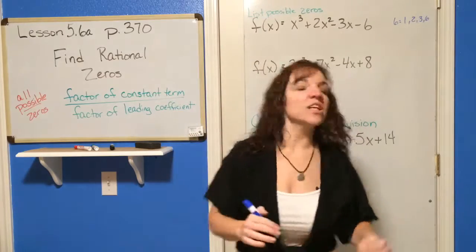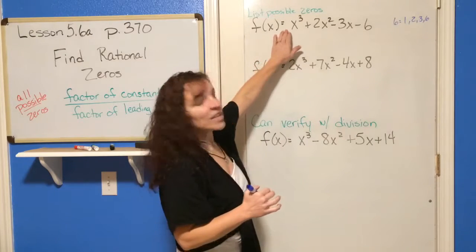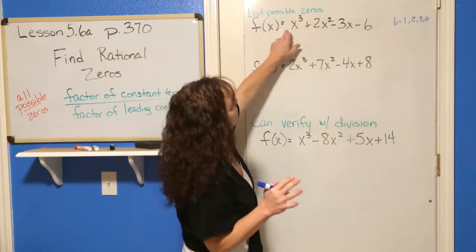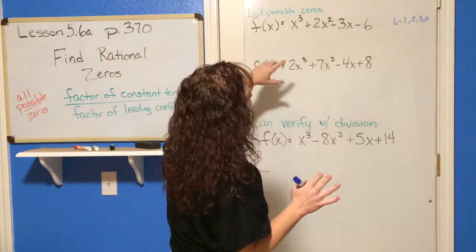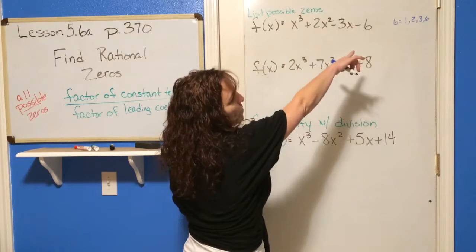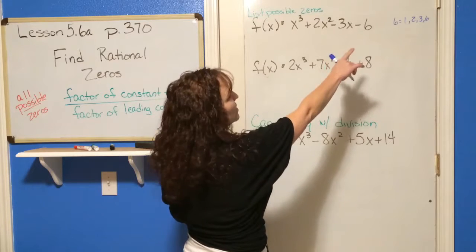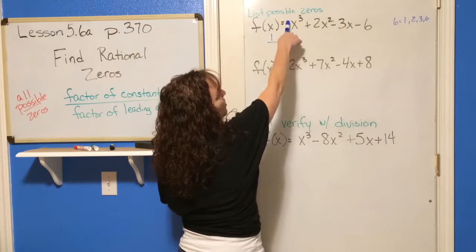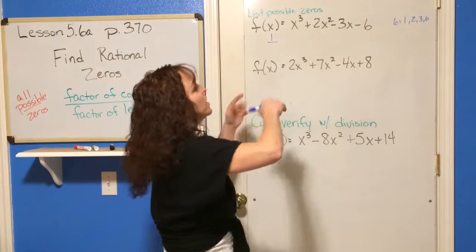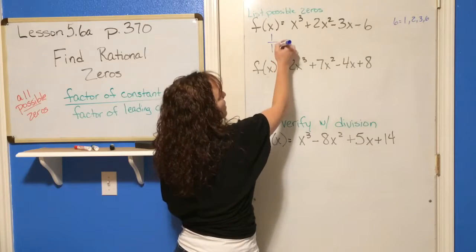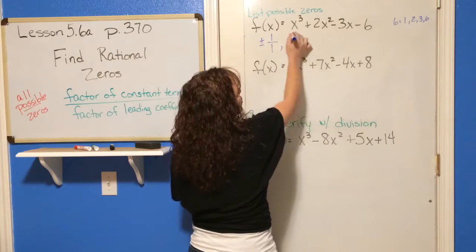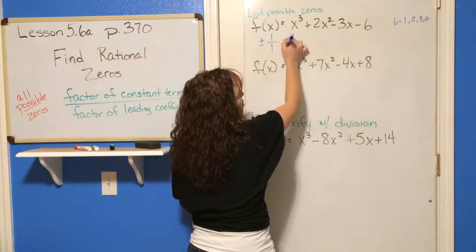The factor of the leading coefficient, in this case, the leading coefficient is just 1. So that's going to make our life a lot easier. So we're going to put the factors of the constant term over the factors of the leading coefficient, and in this case there's just one of them. So we're just going to put 1 over 1, and then that's a plus or minus. We're going to put 2 over 1, either plus or minus.